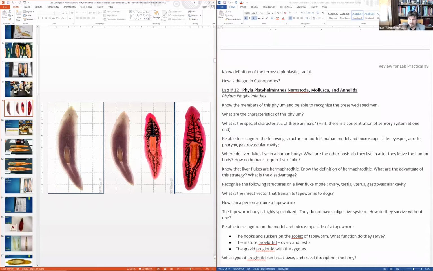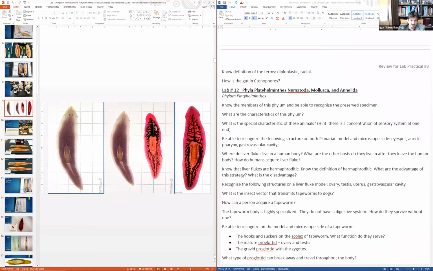Front end will have sensors. Sensors will lead to the brain. Simple brain, yet it's a brain. It's a concentration of the nerve system in the front end. Ta-da, brain. Head. And of course, we're talking about auricles. It's not really ears. They don't hear as far as we know. But the eyes or eye spots, they don't really see. They can recognize the light and the darkness.